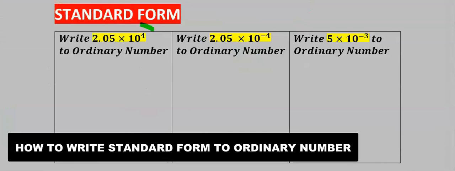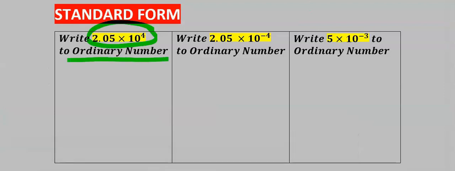Next, let's consider this question, and we're going to write this to ordinary number. Here we have a decimal after the 2. Next, 4 is at the power of 10, which is positive.